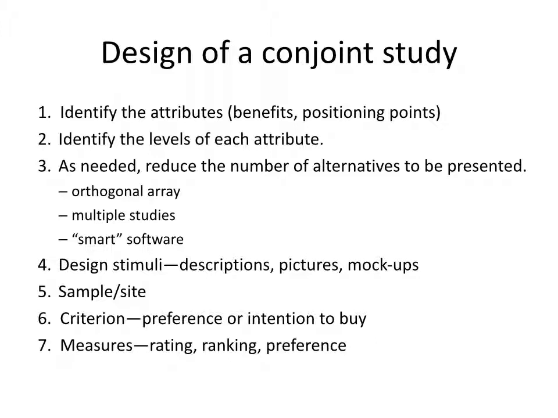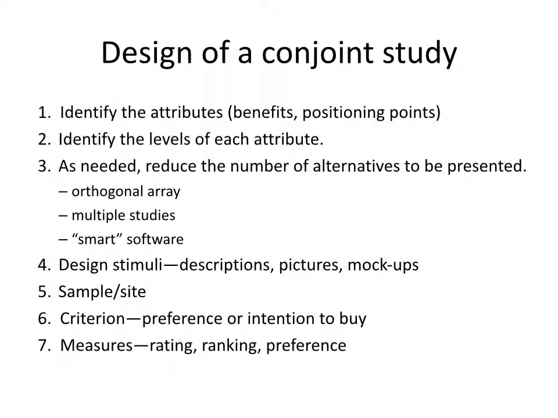In rare cases, even mock-ups. Now, clearly, with mock-ups, the research gets complicated, requires people to be picking things up, looking at them, and so that further limits the number of configurations that can be presented. Then choose the sample and the site, the same as we would for any research.